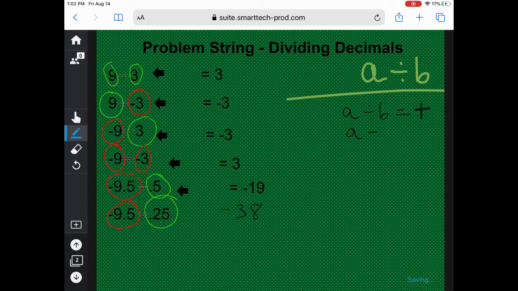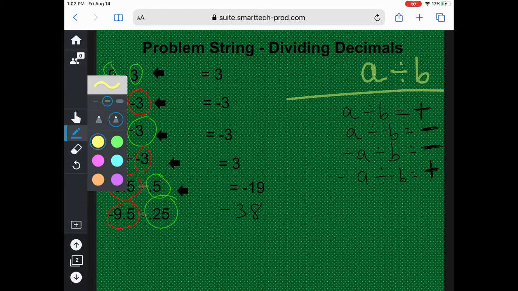We have a positive A and a negative B, we get a negative. We have a negative A and a positive B, we get another negative answer. We get two negatives, so negative A divided by negative B. This gives us a positive answer. And same thing for the last two. We have a negative and a negative answer, negative and a positive, another negative.